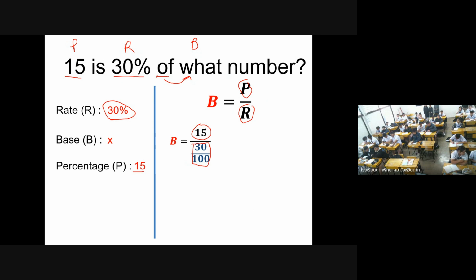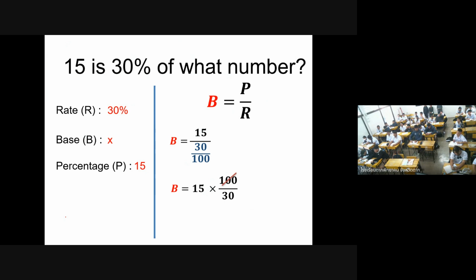And remember the rule in dividing a fraction is that you're going to get the reciprocal of the divisor and proceed to multiplication. Again, 30 over 100 becomes 100 over 30, and division becomes multiplication. We can simplify: 10 over 3, and 15 and 3 become 5 and 1.